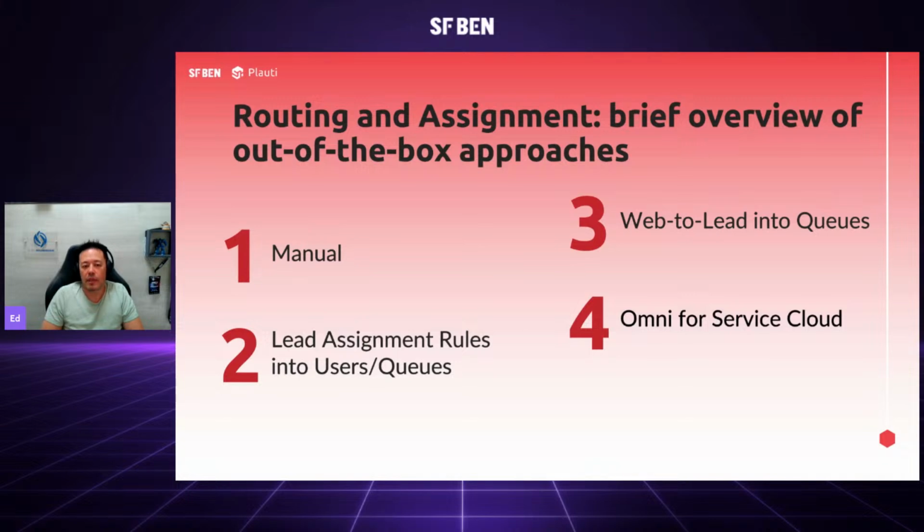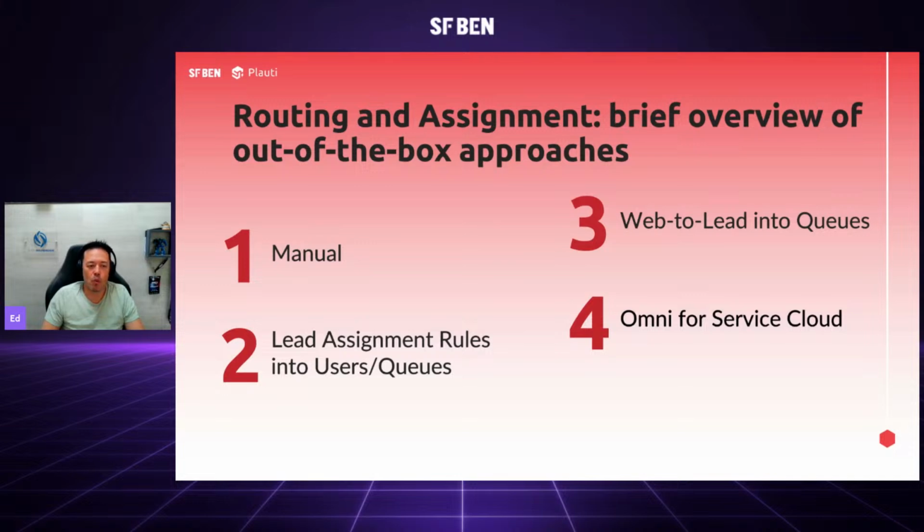And that's something that does do routing and assignment, but it does it in a slightly different way to what you'd expect. It does things like load balancing based on the number of tabs someone's got open and things like that.